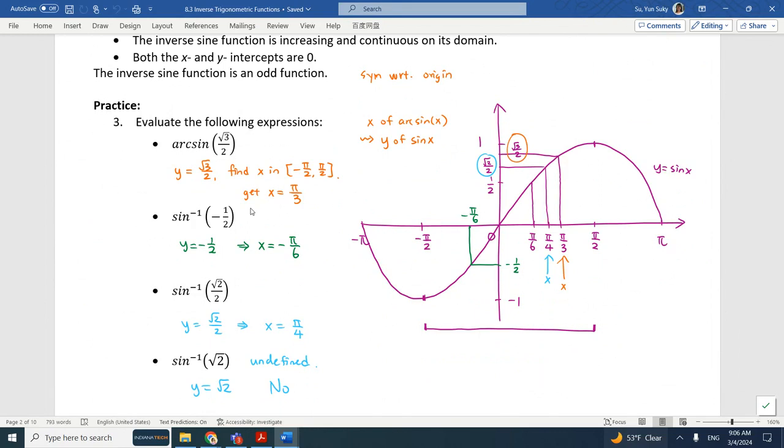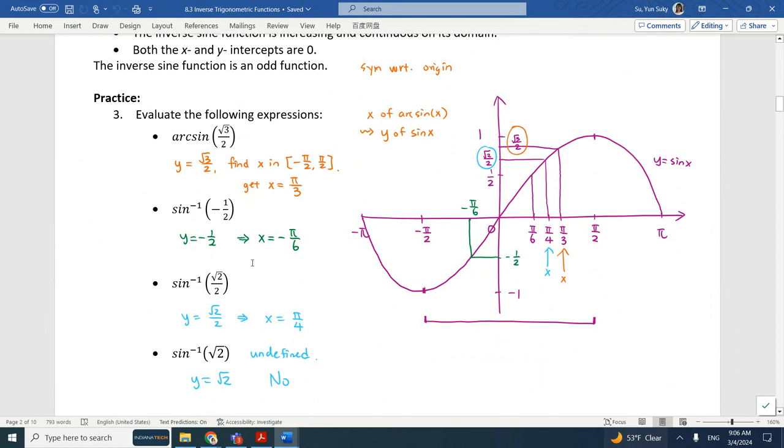Do you see the angle is increasing? And the y values, 1/2, root 2 over 2, root 3 over 2, and 1, are also increasing. So you can use this to find the corresponding x values. Any questions about this part?